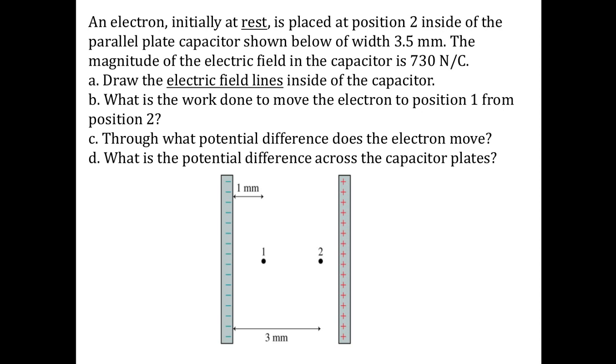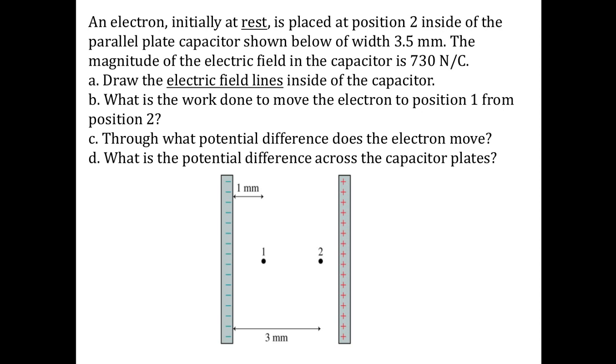Simultaneously, the Earth is doing negative work on that object because the force is in the opposite direction of the displacement. In this case, the force that the system is applying on the electron is in the opposite direction of the displacement. That's why we're getting negative work.